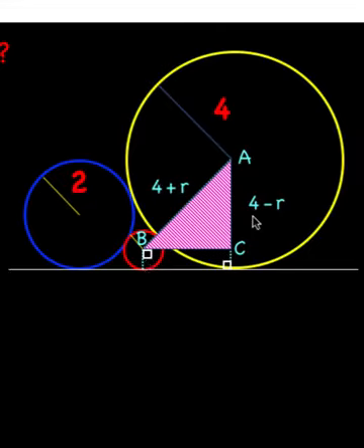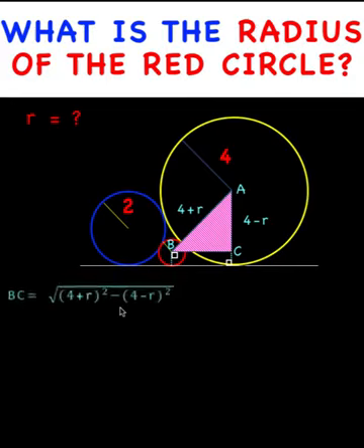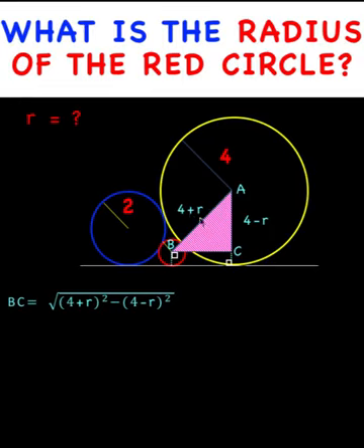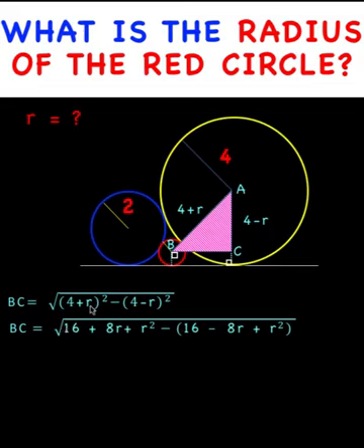When two sides of a right triangle are known, we can easily compute the length of the third side using the Pythagorean formula. So let's compute. The side BC is equal to the square root of the difference between the squares of the hypotenuse and one of the legs. So this is the measure of the hypotenuse, this is the measure of the leg, and we get the difference. Simplifying, we can expand this binomial this way, and we can expand the other binomial this way.